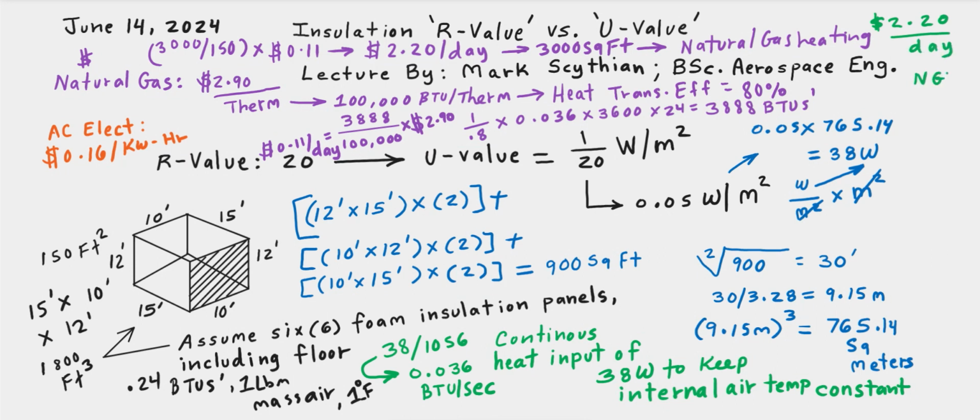Natural gas heating, 3,000 square feet house. And that's based on this 38 watts of continuous heat at our R value of 20 or a U value of 1/20th watts per square meter.